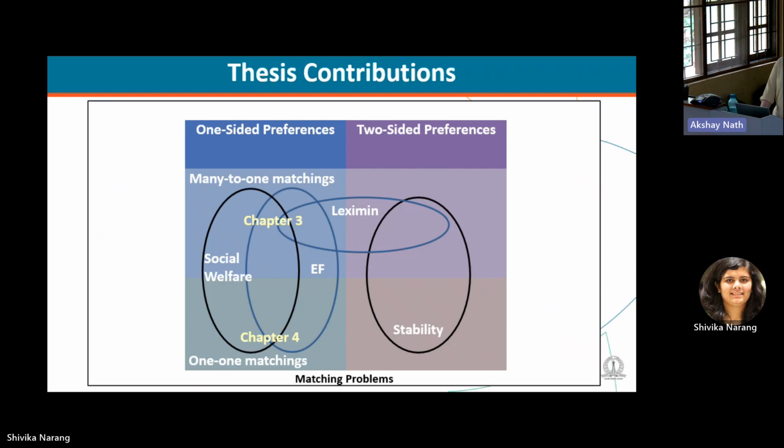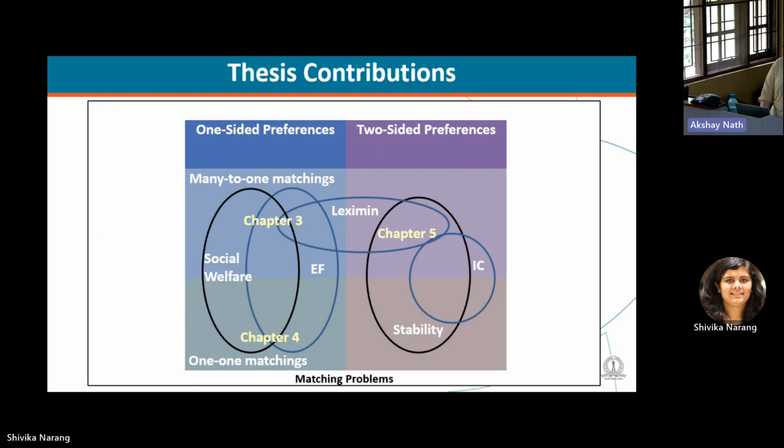And for the third technical chapter, or the fifth chapter of the thesis, we look at finding the Leximin optimal over the space of stable matchings. And we also comment on the incentive compatibility of mechanisms that can find such matchings.